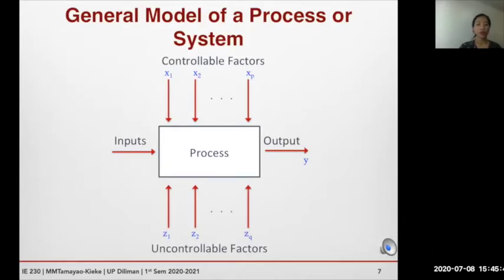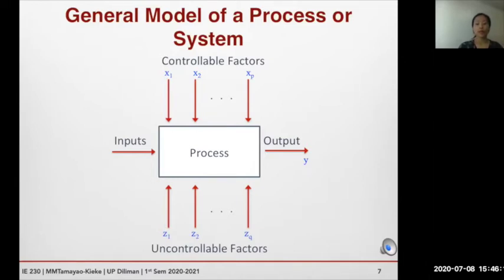In general, a process or system consists of inputs, the process, and the output. Some of the inputs are controllable factors. Conversely, some are uncontrollable. Now, the process or system can be a combination of manpower, machines, operations, methods, and other resources that transform the input into the output Y, which has one or more observable response variables.